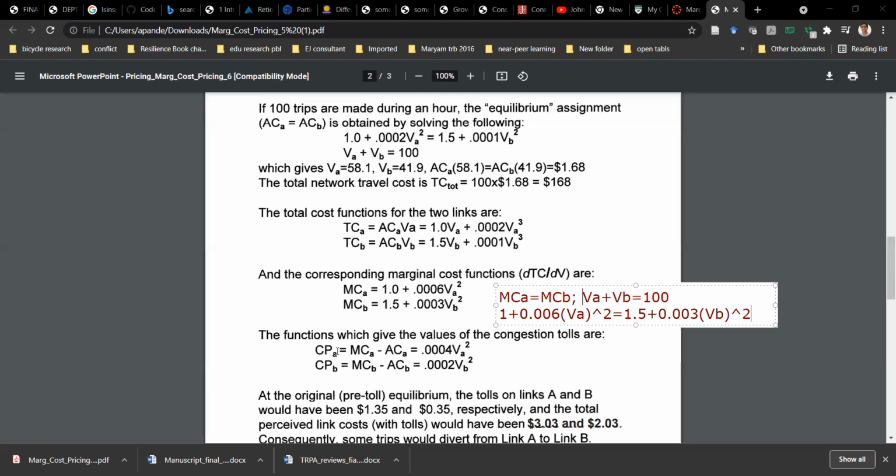Now, congestion pricing would not be necessary if the drivers on their own volition would take the route such that the marginal cost was equal on both routes. But the drivers won't do that, because driving, as you know, is a selfish activity in a lot of ways. Everybody's trying to minimize their own travel time.